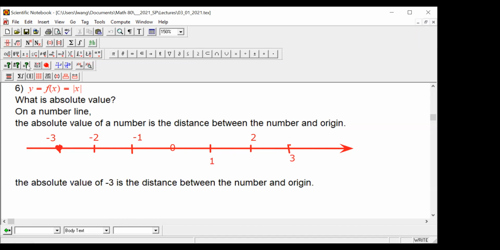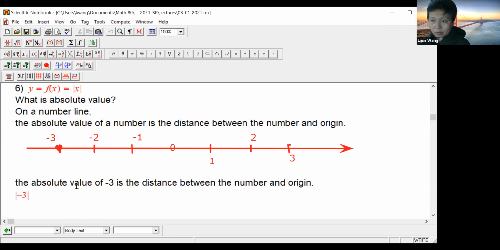The absolute value of negative 3 is the distance between the number and the origin. I know this is negative 3 and this is my origin.